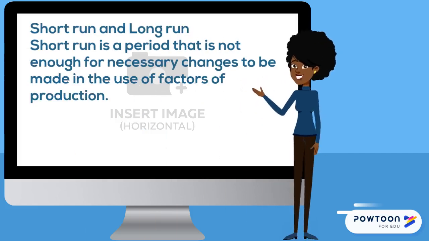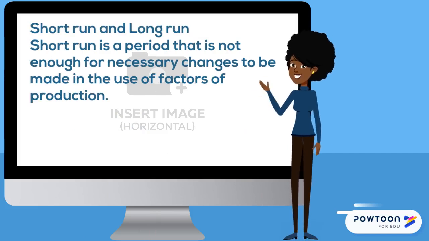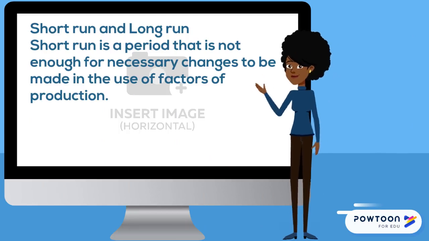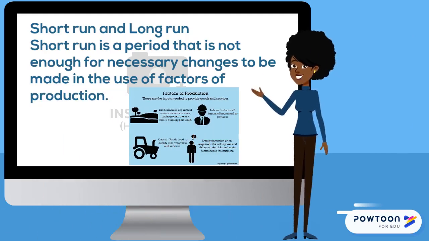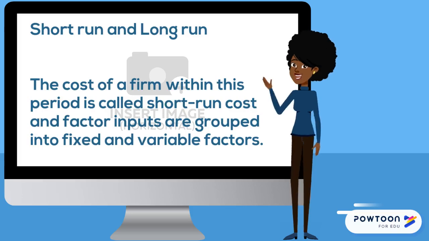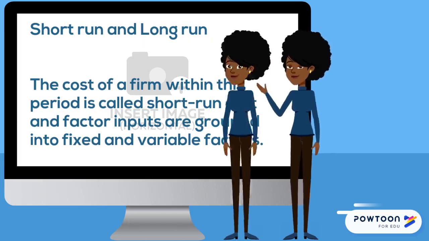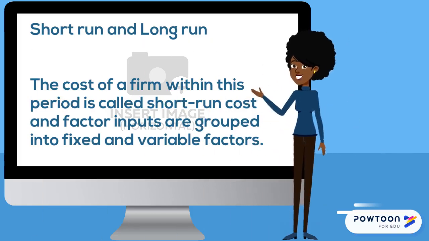Now, let's discuss short run and long run. Short run is a period that is not enough for necessary changes to be made in the use of factors of production. The cost of a firm within this period is called short run cost, and factor inputs are grouped into fixed and variable costs.